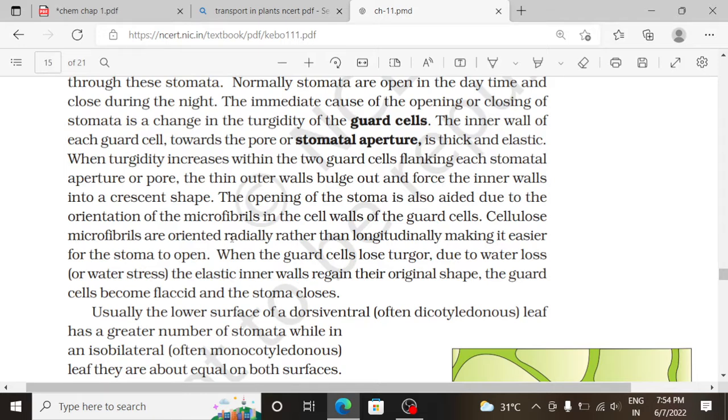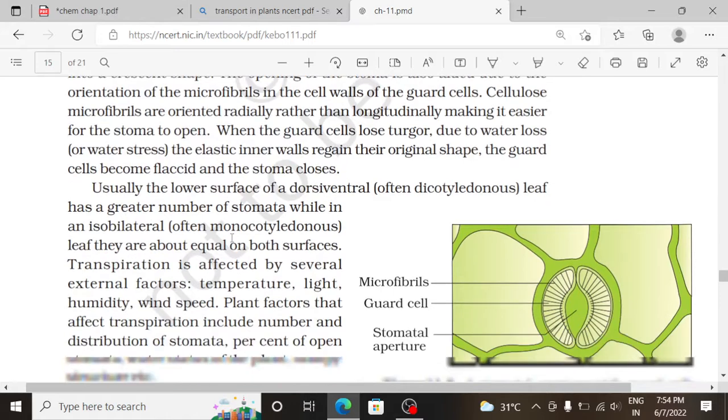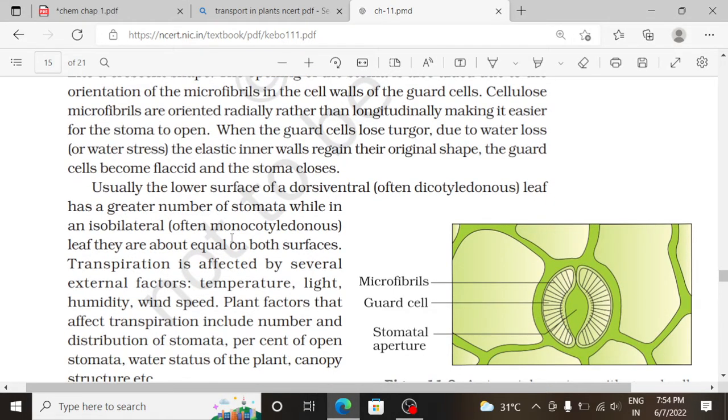Microfibrils are oriented radially rather than longitudinally, making it easier for the stoma to open. When the guard cells lose turgor due to water loss or water stress, the elastic inner walls regain their original shape. The guard cells become flaccid and the stoma closes.